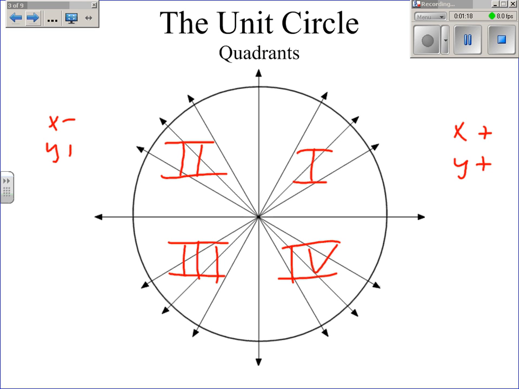X is negative, y is positive in the second quadrant. Both are negative in the third quadrant. X is positive and y is negative in the fourth quadrant. Since cosine and sine correspond to x and y respectively, their signs are the same as x and y in each quadrant.